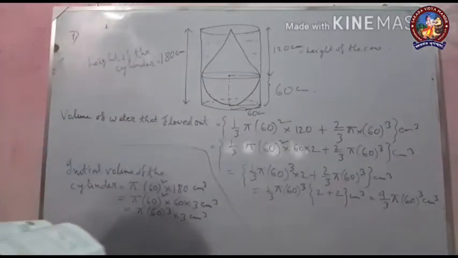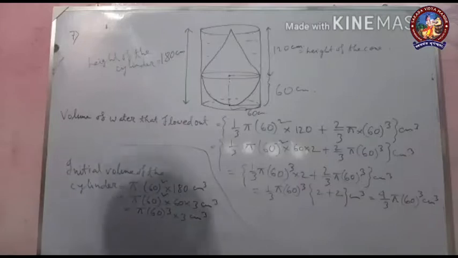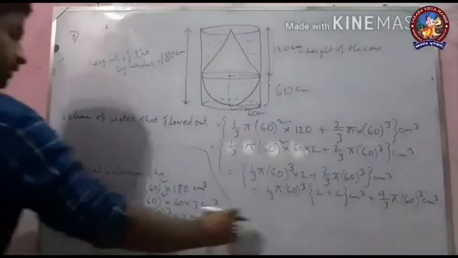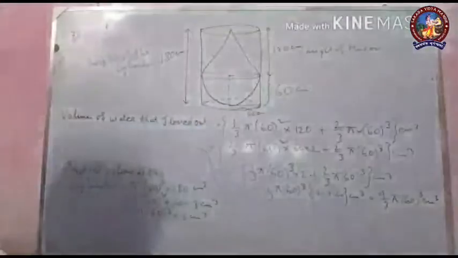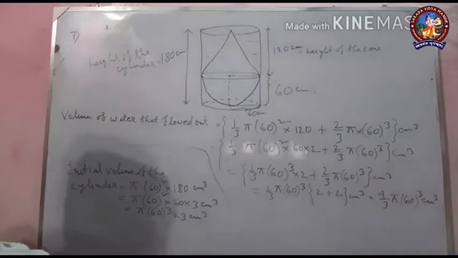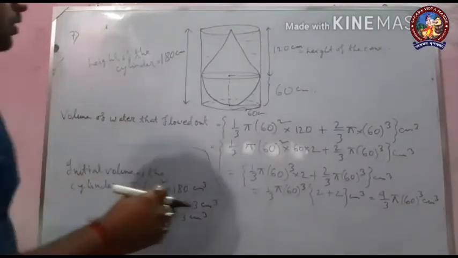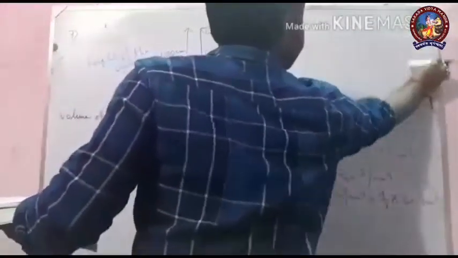This was the initial volume and this volume flowed out. So the remaining volume will be this minus this. Okay. I have shortage of space here. Okay, I'm erasing it. I'll do the remaining calculation here.